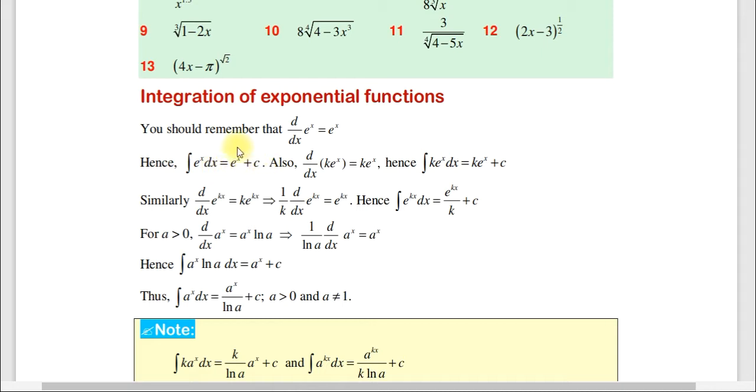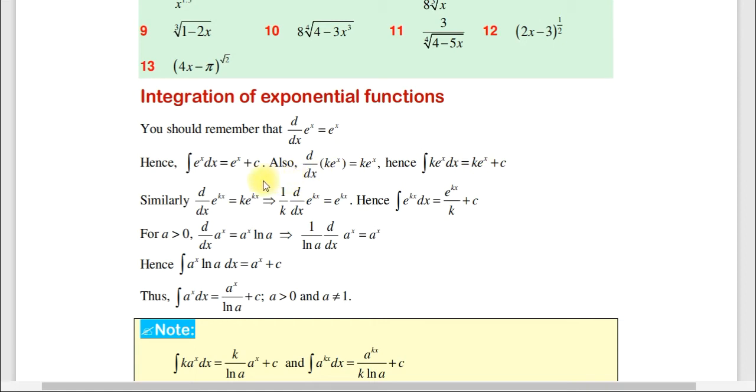which is equal to e to the power of x plus c. Also the derivative of k times e to the power of x is equal to k times e to the power of x. Hence the integral of k times e to the power of x dx is k times e to the power of x plus c.